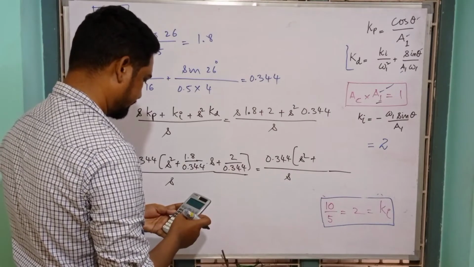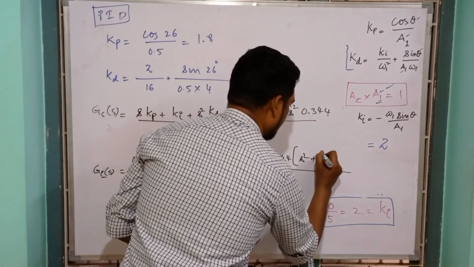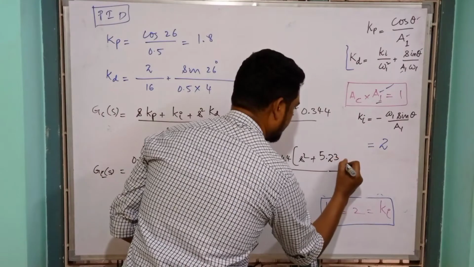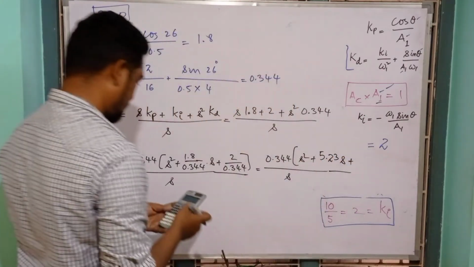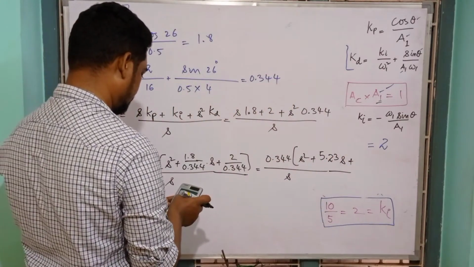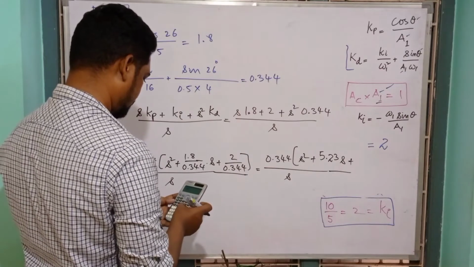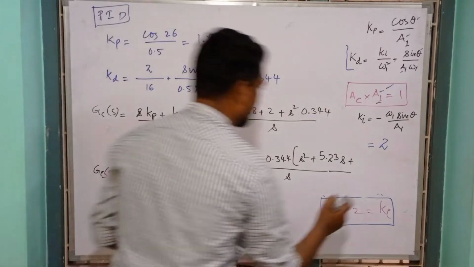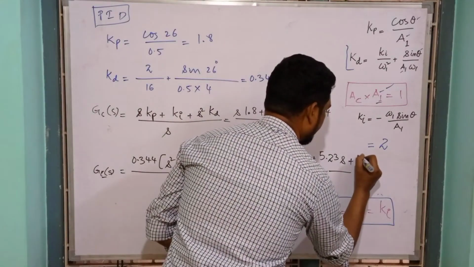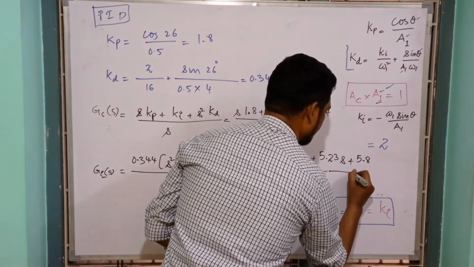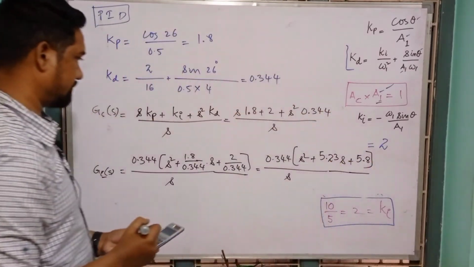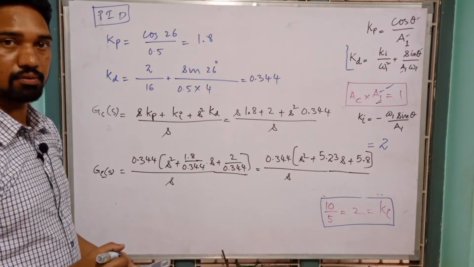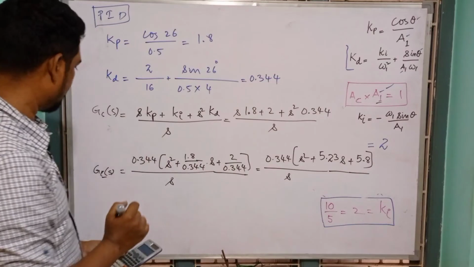So that is 5.23 S plus 2 divided by 0.344, it's 5.8. Guys, this is the transfer function of the PID controller which we are in search of, right? So this is Gc(s).